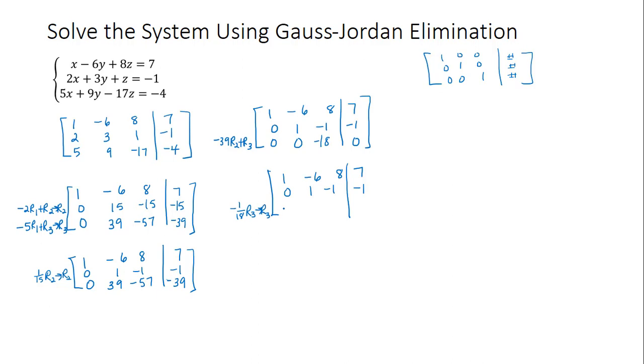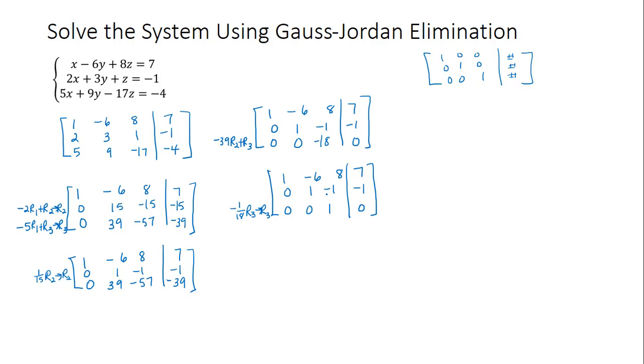And so that's going to give me 0, 0, 1, and 0 times anything is 0. This is in the form of Gaussian elimination, where I have 1s on the diagonal and 0s below it. To do Gauss-Jordan, I need to get 0s above those 1s. And so to do that, we're going to kind of go in reverse direction.